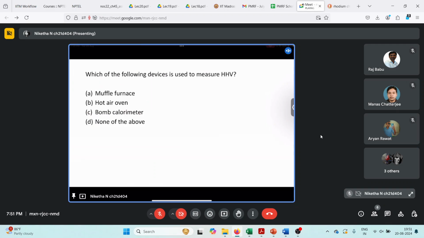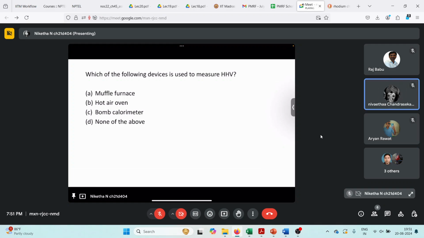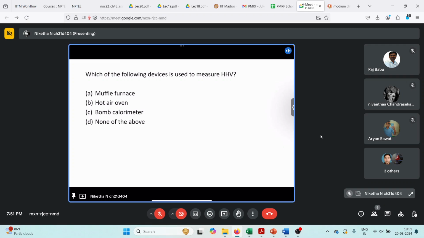Okay. Next question. Which of the following devices is used to measure the higher heating value? Muffle furnace. No, that's not correct.